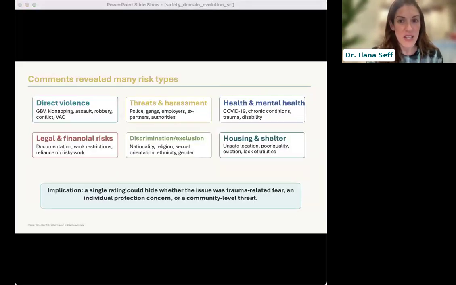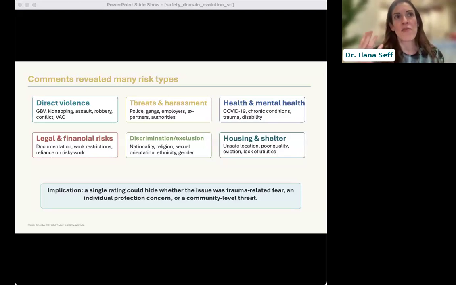So I mentioned that there were many different types of safety concerns that were put in the comments. So we had direct experiences of violence, for example, assault, kidnapping, violence against children or intimate partner violence, but there were also threats of violence and ongoing harassment. Some households, when answering the safety question, actually talked about some mental health conditions or disability.